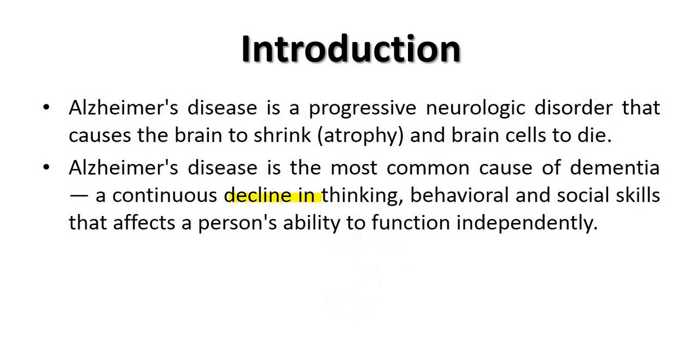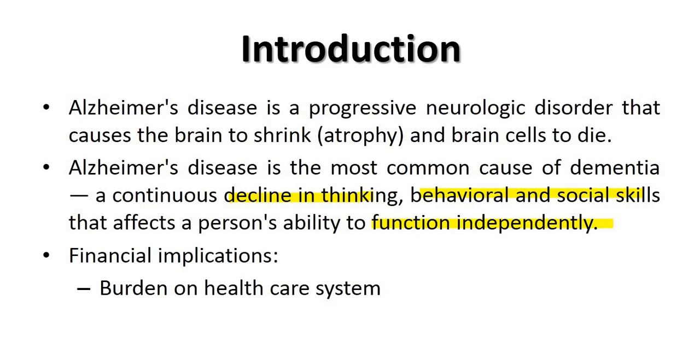There is a continuous decline in thinking, behavioral and social skills, and ultimately it affects a person's ability to function independently. You always require a nurse or a caretaker to take care of the person. This disease has financial implications because since the patient has to visit hospital too many times, it's a burden on the healthcare system.